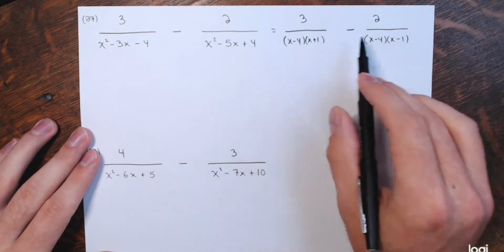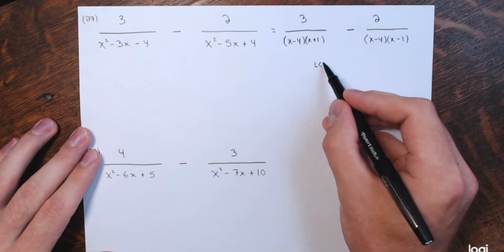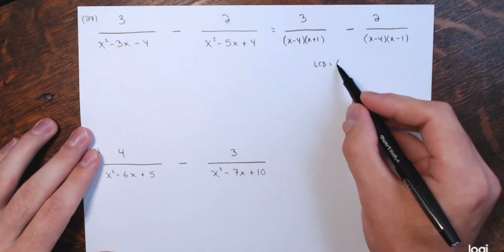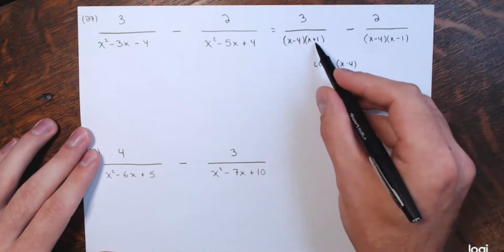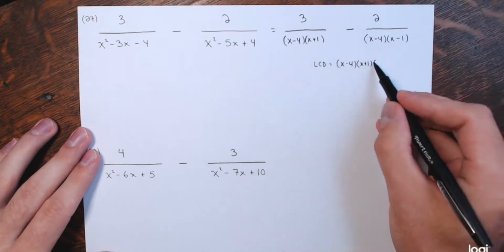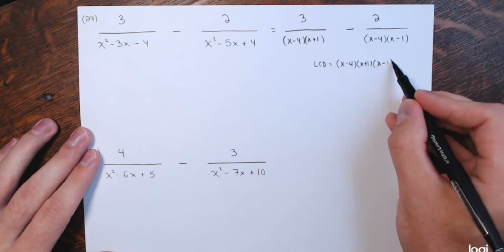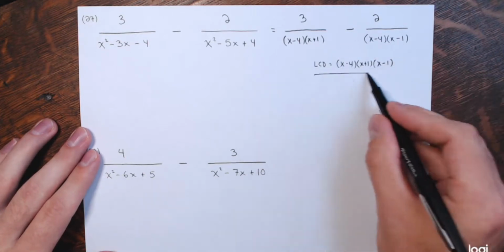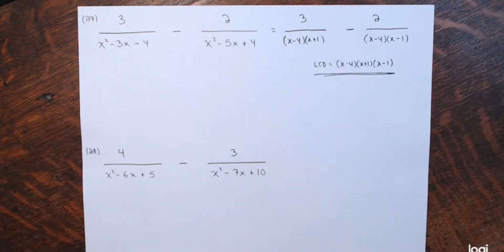All right, so looking at these factored denominators here, the LCD would be x minus 4 to the first, there's x plus 1, and the highest power is to the first. And there's also an x minus 1 showing up, with the highest power to the first. So the LCD is x minus 4 times x plus 1 times x minus 1.